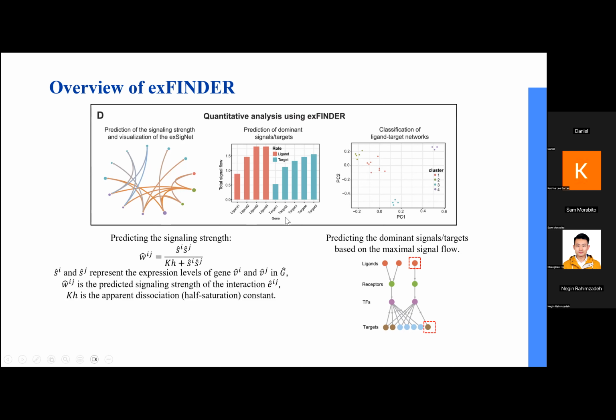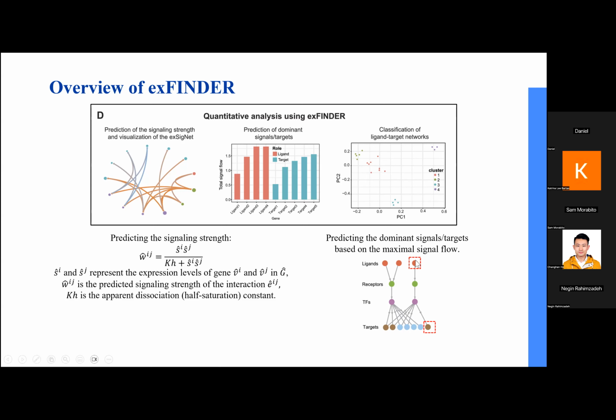The next part, we can predict the dominant signals and targets in this network. How do we do that? We predict the dominant signals and targets based on the maximal signal flow. For example, here is a signaling network. We select one ligand and one target, and then we will have a path, or maybe a lot of paths, connecting these two.